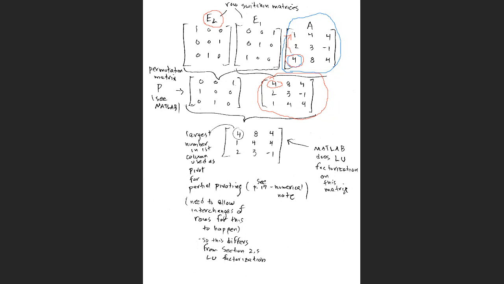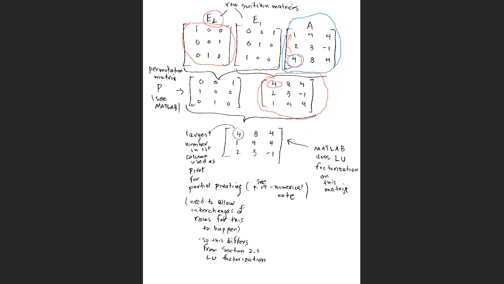E2 is the elementary matrix where you switch the second and third rows. So if you multiply E2 by that product matrix E1A, you're going to switch the second and third rows. And MATLAB is going to do LU factorization on this matrix.